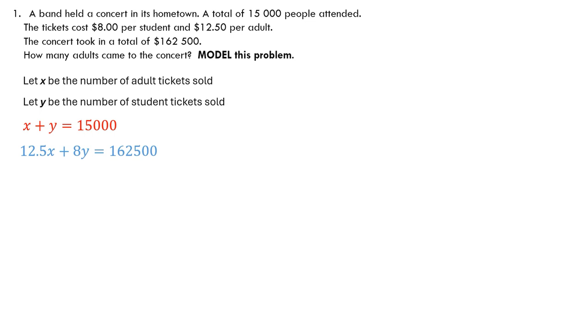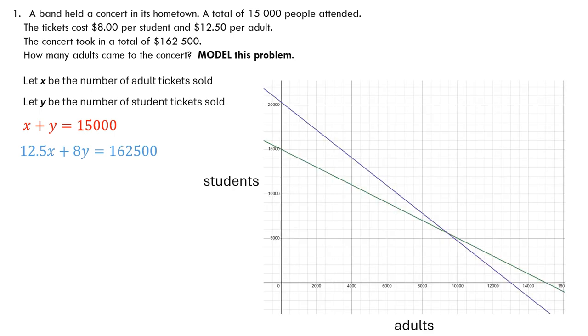When we graph these two equations, we get a point of intersection of approximately 9,440 adults and 5,500 students. This is about as reasonably accurate as we can hope to be just by looking at the graph. When we do this, we find that we're not accounting for 60 people.